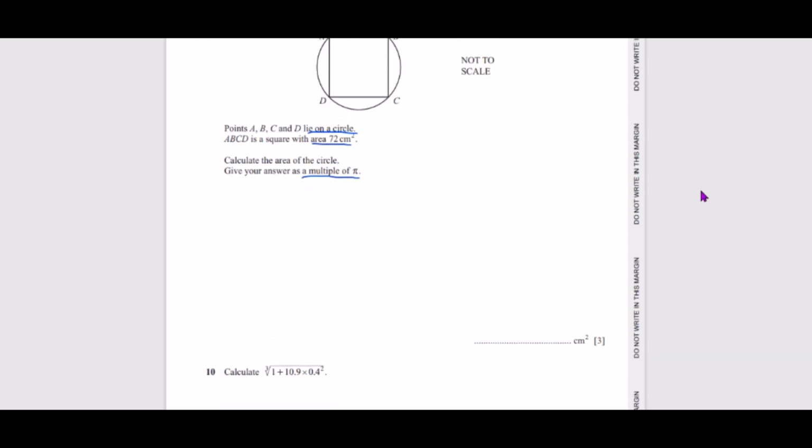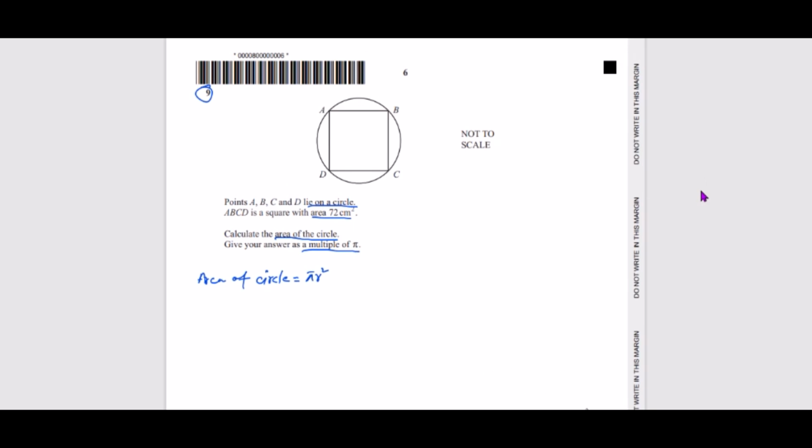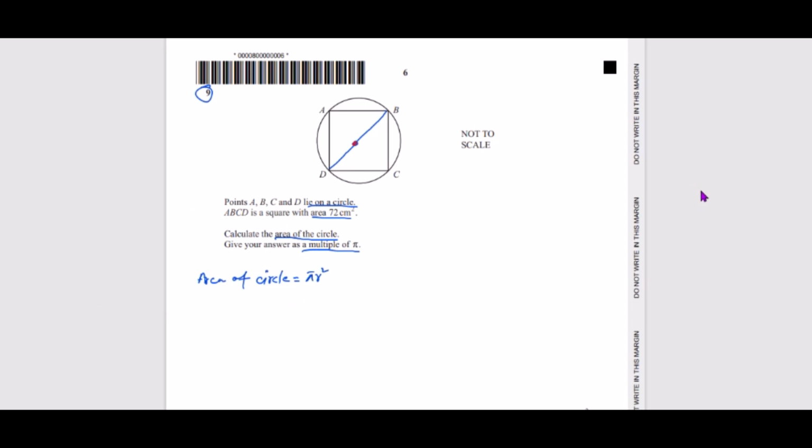First of all, we write down the formula of the area of a circle, which is equal to pi r squared. If we take this as a diagonal and this as the center.